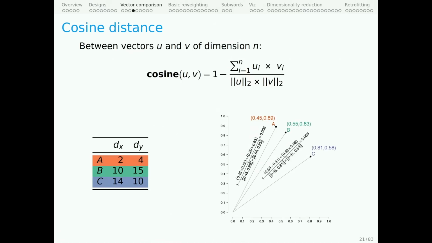Let me see if I can unpack that a little bit. In showing you cosine with and without a first length normalization step, I was just trying to get you to see that cosine is doing that length normalization. That's what its denominator is doing. And that's why it doesn't matter whether I first length normalize or just skip that step, because fundamentally it's building in that rescaling. That's all I meant there.